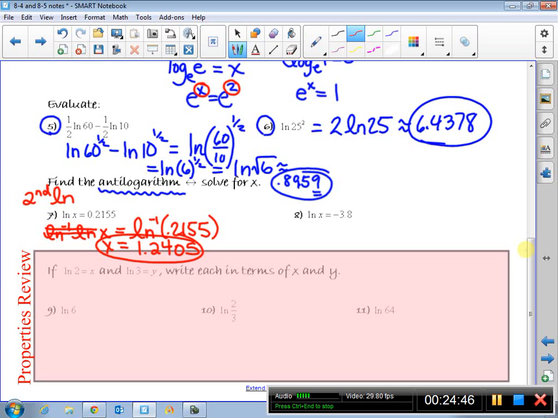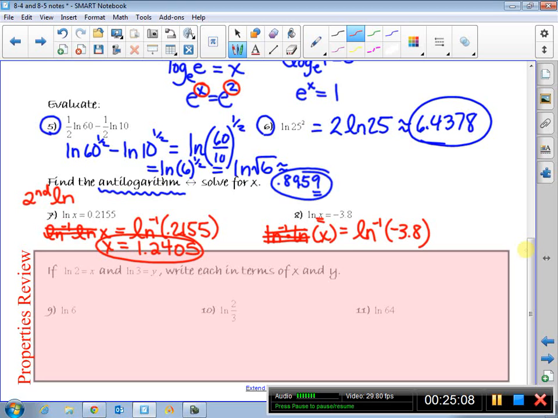So again, let me do this one 2 ways. You could, to get the x alone, write ln inverse of ln of x, that inverse cancels those two out. Inverse on the other side, ln inverse of negative 3.8.